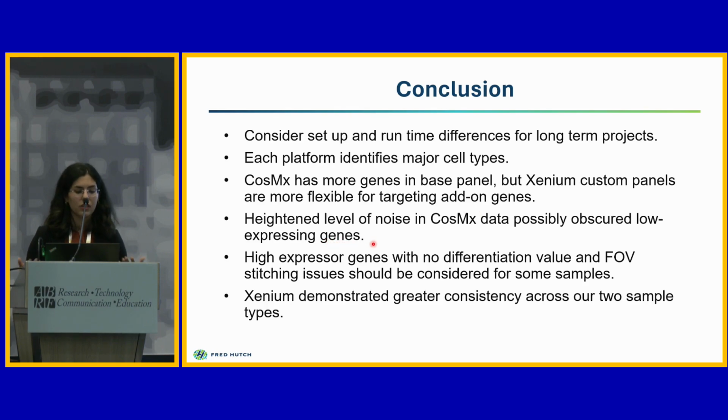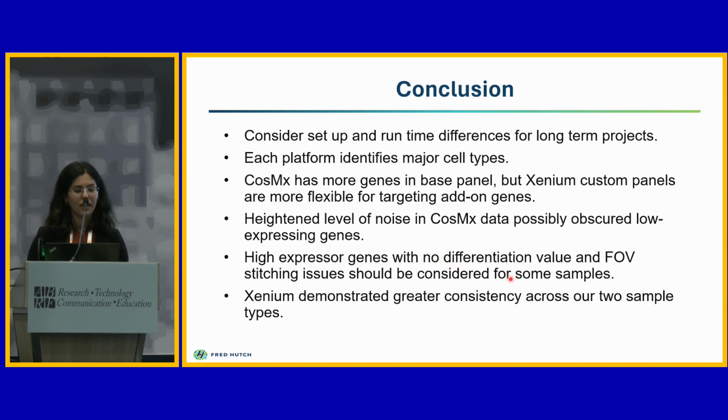Another thing that we noticed, and I mentioned, is that the high level of noise in the Cosmics makes the data interpretation somehow harder, and it might obscure those low-expressing genes. And finally, as I said, there are some high-expressor genes included in the Cosmics.